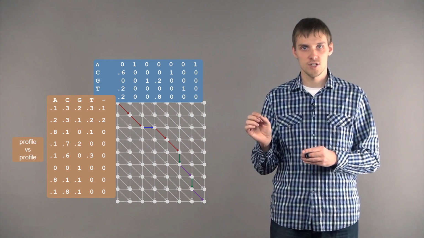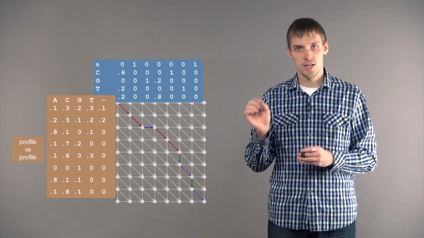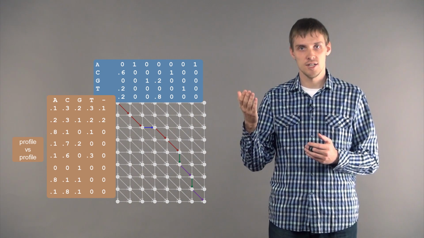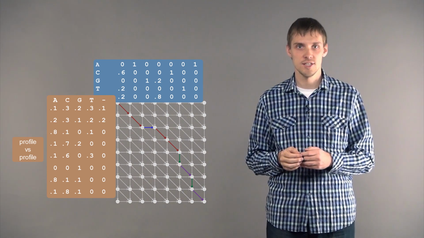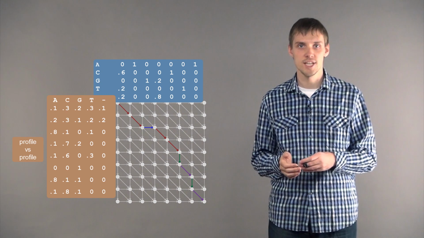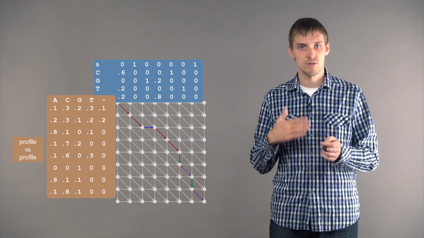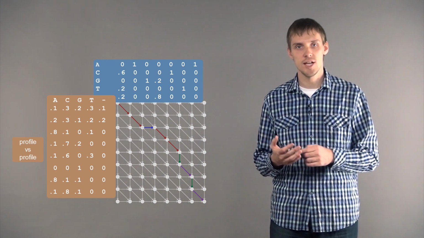But for the scoring function, you also need to consider probabilities to have a certain letter in a certain sequence in a certain place. So how can we use this fact to find multiple alignment?